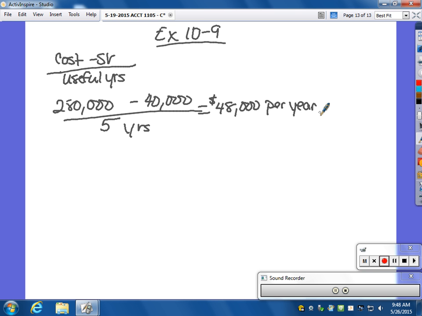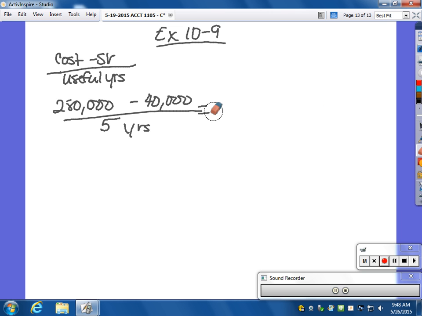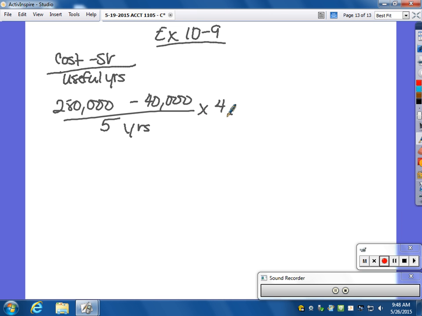Now, ooh, this is wrong. Why is this wrong? When did they purchase it? April 1st. So that would be a partial depreciation, right? And partial in what way? What are we gonna do? Multiply by 4 over 12? 4 months over 12?